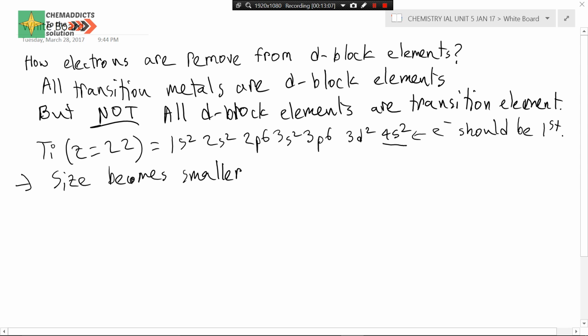Since the size becomes smaller, this makes the lattice enthalpy and the hydration enthalpy more exothermic.